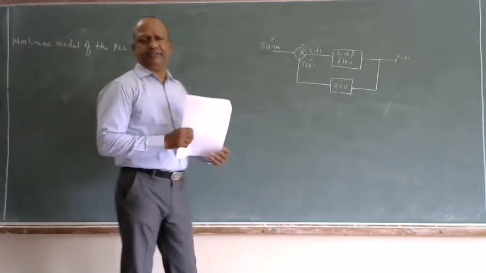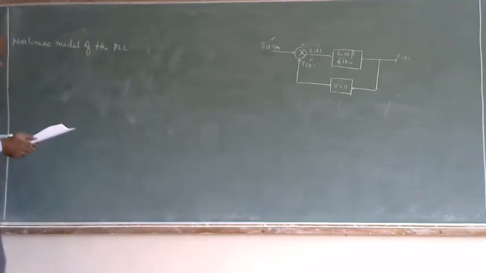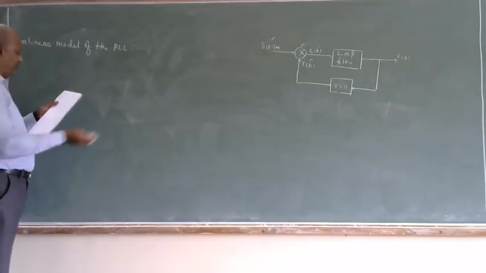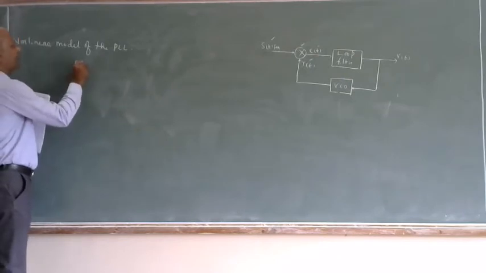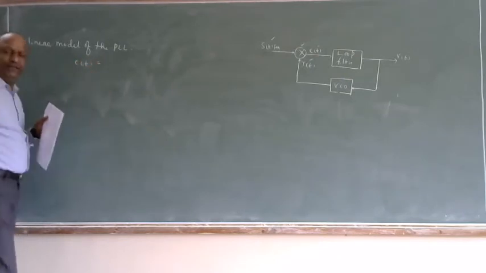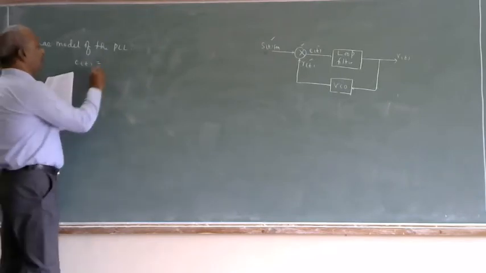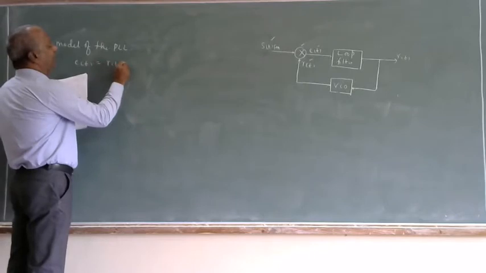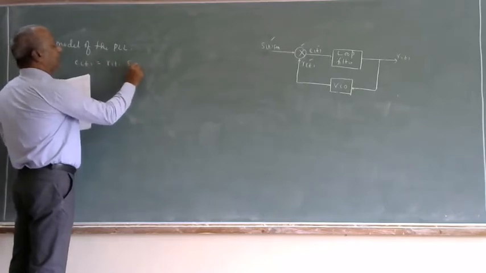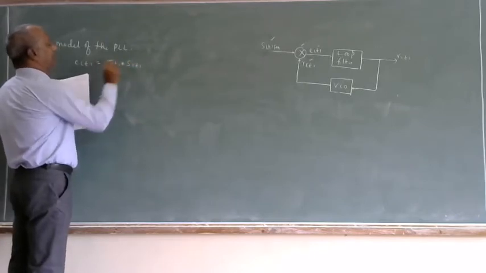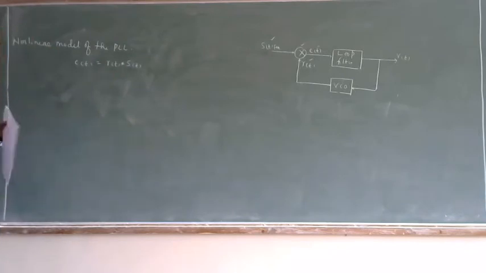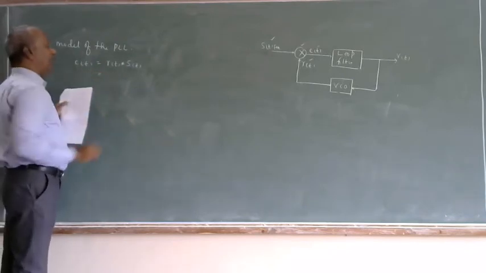You calculate it. So what are you actually getting? E of t equals, from the diagram, R of t into S of t. So the operation is a multiplier. Substitute the R of t and S of t.